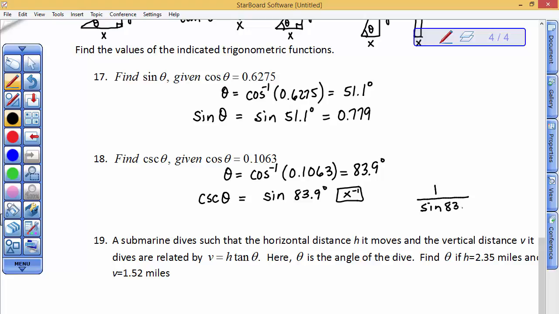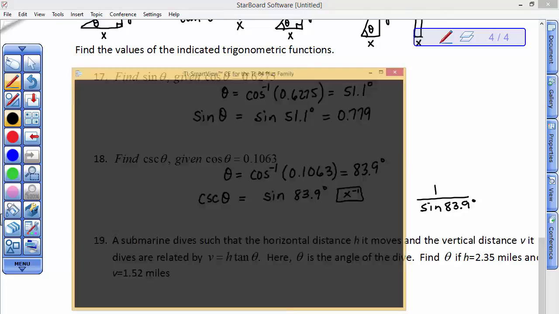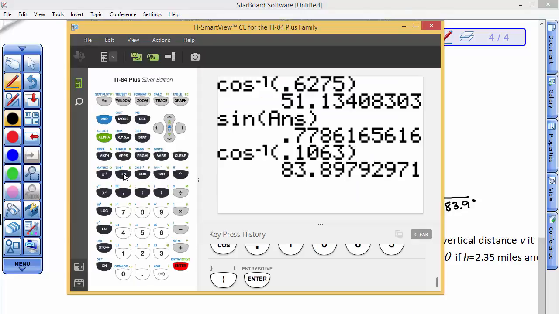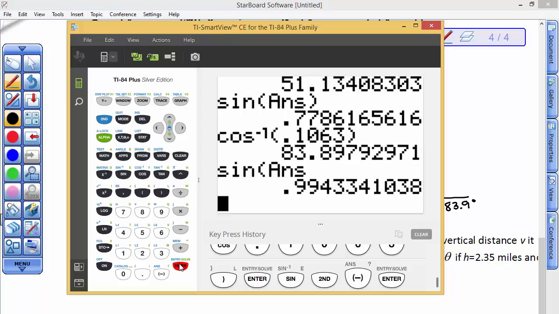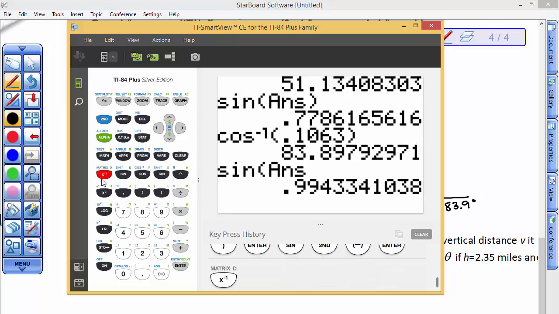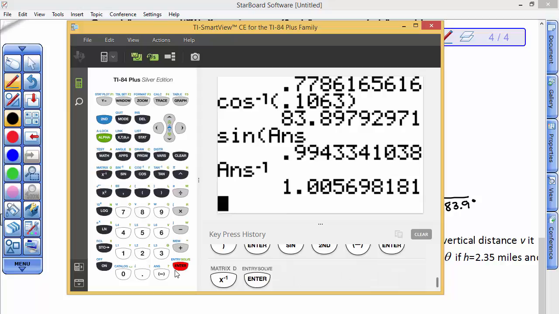That's another way to do it. So your choice. I'm just going to go sine of that answer and find out what that is, and then I'm just going to flip it to get the cosecant. So again, a number bigger than 1, because cosecant has the hypotenuse in the numerator. 1.006 is my solution to this.